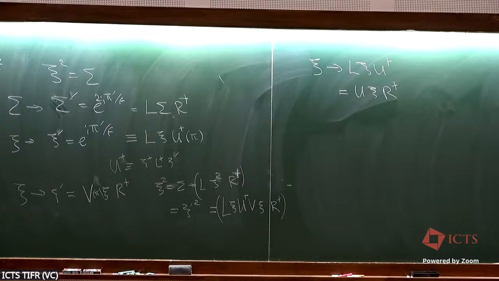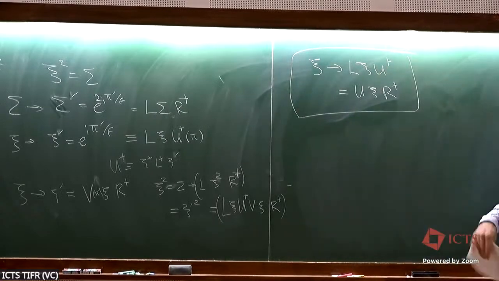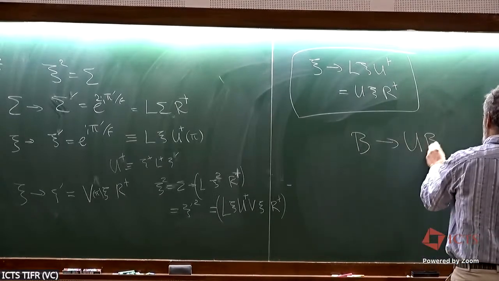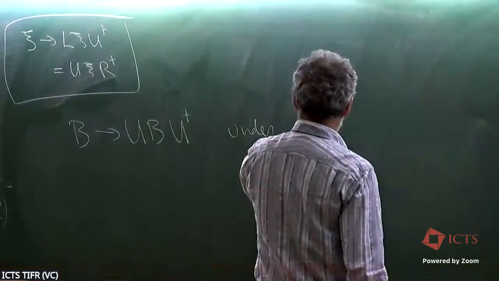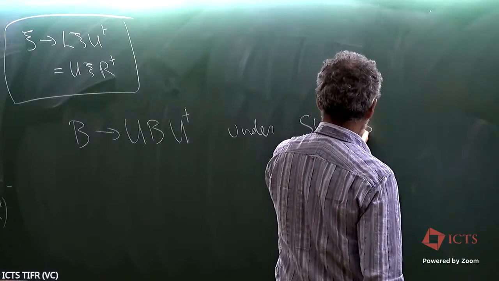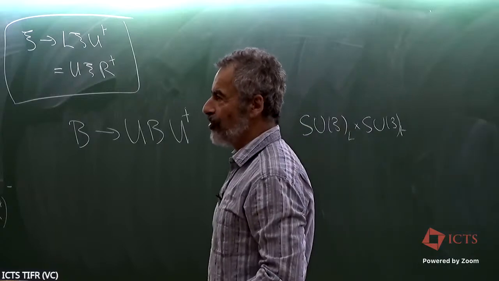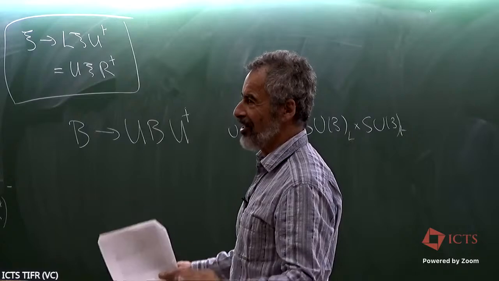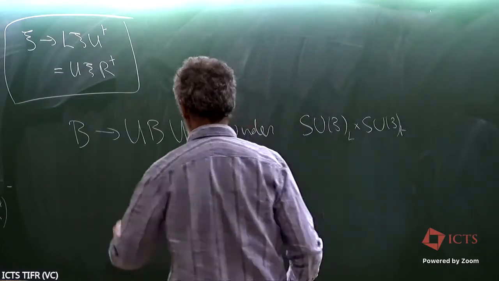Okay, so we have this transformation for some U. Now I'm going to say that I want my baryons transformed like B goes to U B U dagger under SU3 left plus SU3 right. The first thing you have to check is that the one thing we do know about the baryons is how they transform under the vector SU3. They're the octet. These are functions of pi.